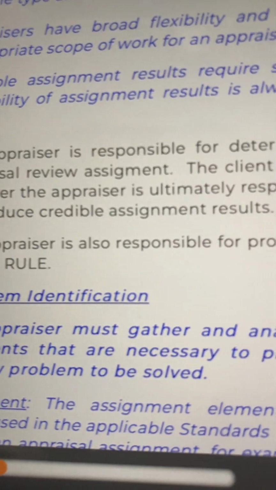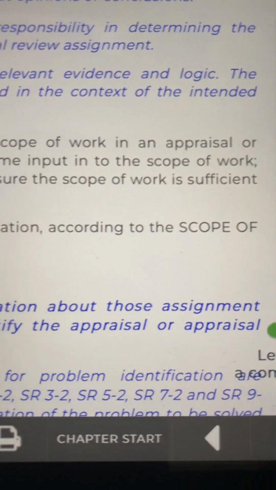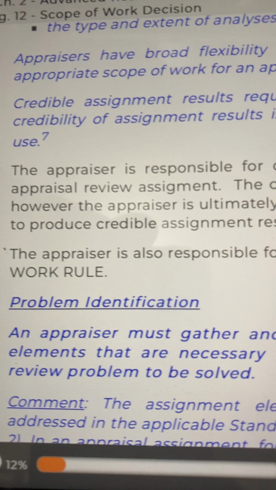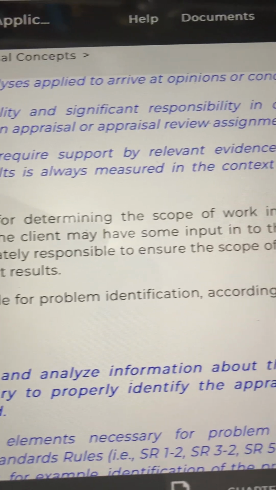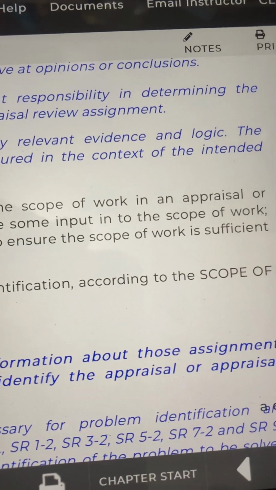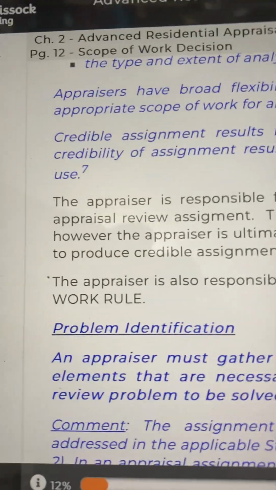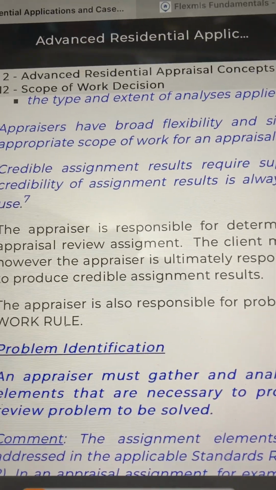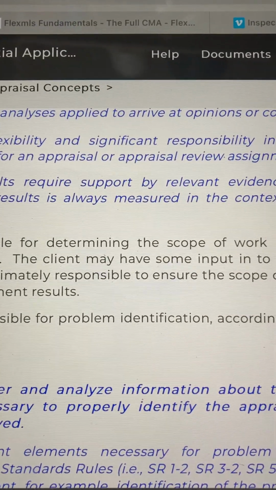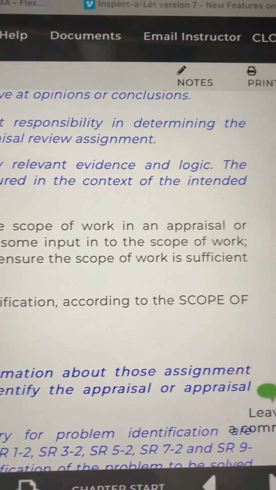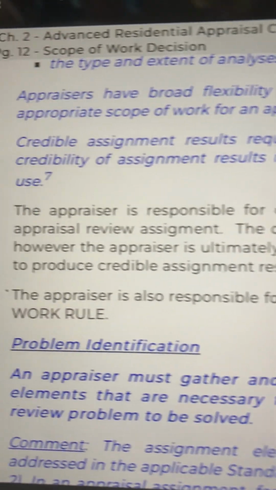The appraiser is responsible for determining the scope of work in an appraisal or appraisal review assignment. The client may have some input into the scope of work. However, the appraiser is ultimately responsible to ensure the scope of work is sufficient to produce credible assignment results.